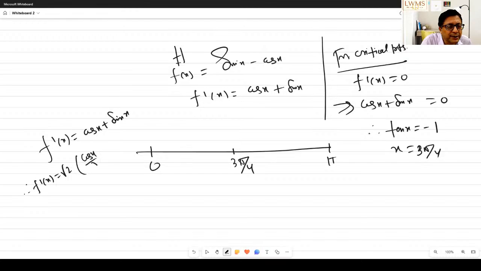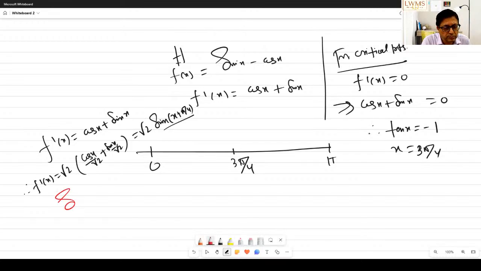So this will be root 2 sine x plus pi by 4. You all agree? We are going to draw the sign scheme of this only, the sign scheme of f dash x.